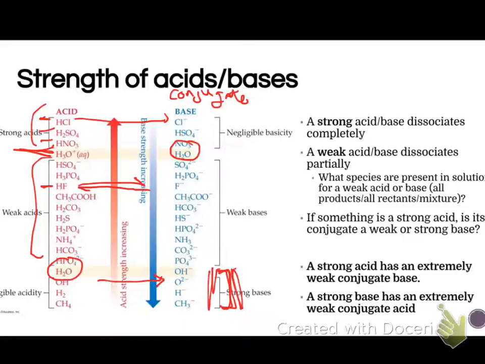Here the bases that are below water are strong, including OH minus, including the water. Everything above that is a weak base. So this chart is a very handy way of remembering when something's going to be weak or strong, which allows us to tell whether the light bulb is going to light up a lot or a little bit.